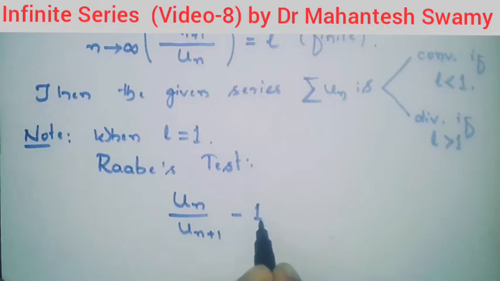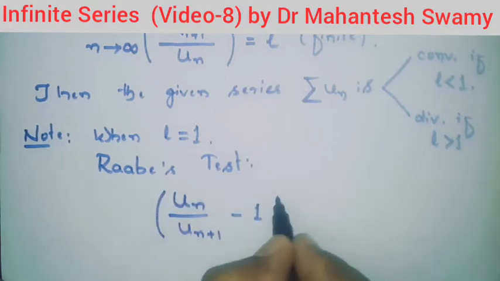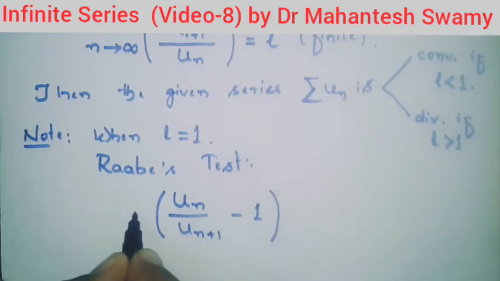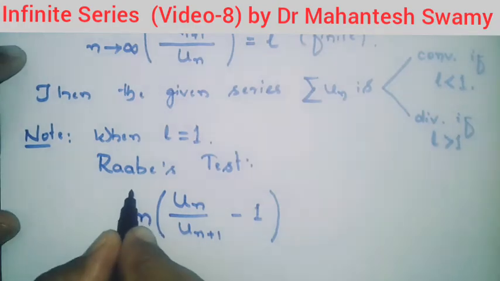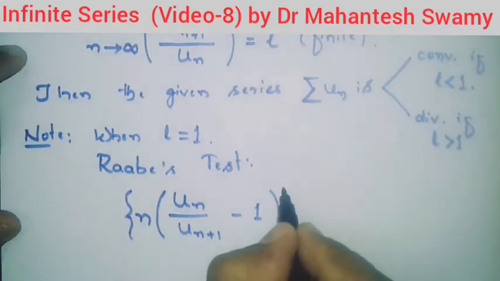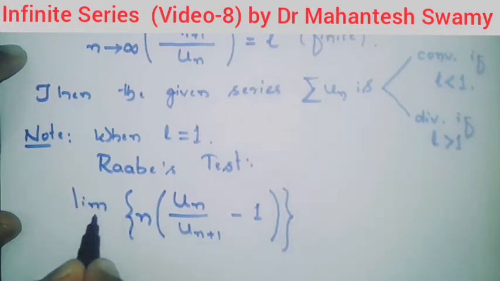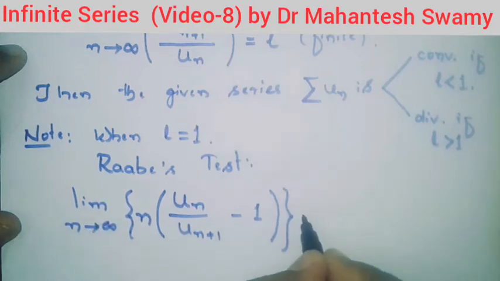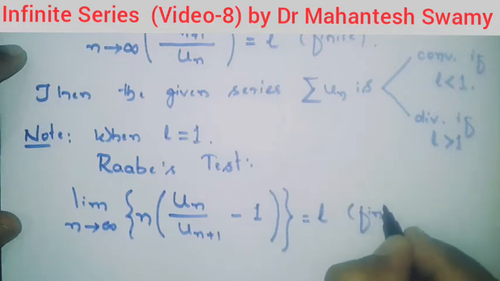We consider this particular term and multiply it by n. To this entire thing apply the limit as n tending towards infinity, and let the answer be again L, again finite.